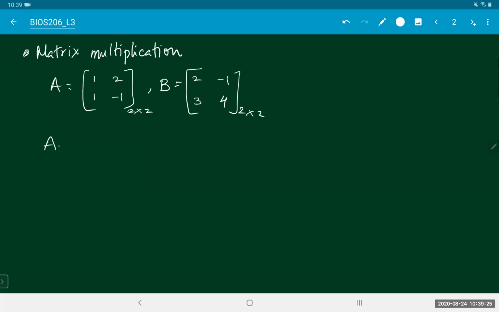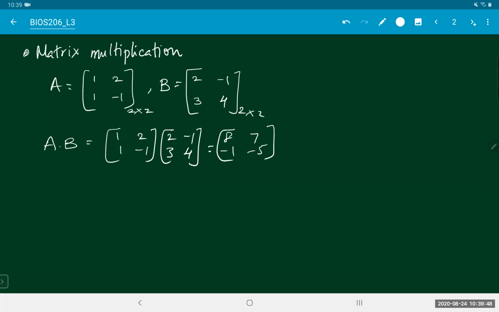Now if I multiply A and B, what does this become? 8, minus 1 and 8 is 7. 2 minus 3 is minus 1, minus 1 minus 4 is minus 5. Please do this yourself and verify, because sometimes I make stupid mistakes.